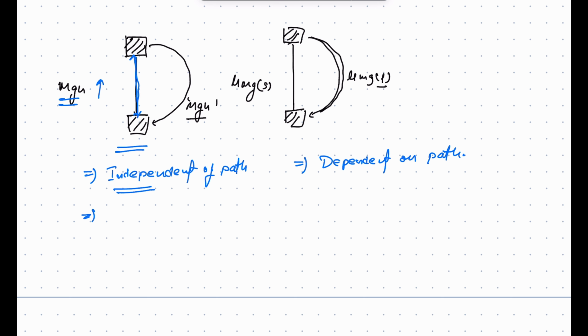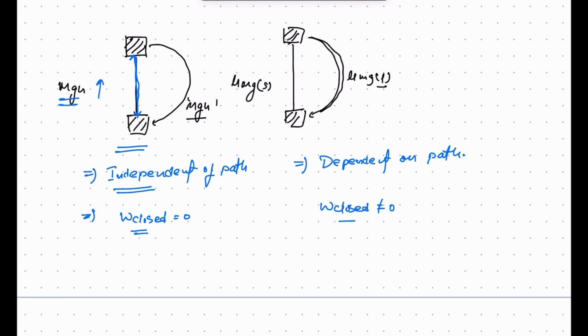If we go up, then it will be negative mgh, right? So the work done would be negative in that case. So the work done in a closed path for this kind of forces would be 0, like for example gravity. And the work done for this kind of forces will not be 0 for a closed path.